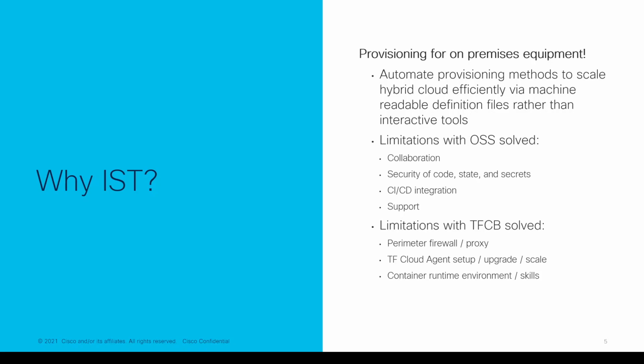So, for example, we talked about this need to have the code that exists within Terraform Cloud for Business talk to our equipment that is on premises. So if that was an APIC, for example, for a Cisco ACI fabric, what we mean here is that we would have to poke a hole in the perimeter firewall in order to allow Terraform Cloud for Business to talk to the management IP of our APIC.